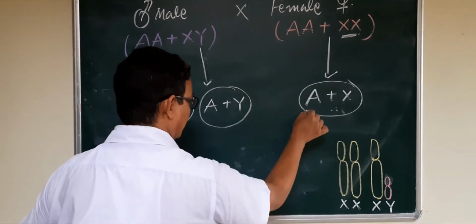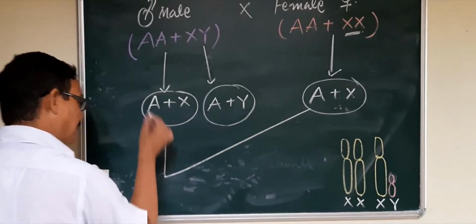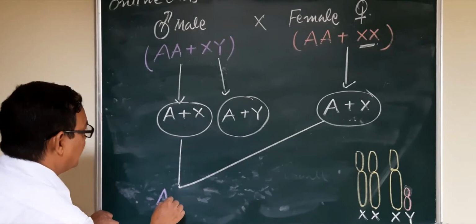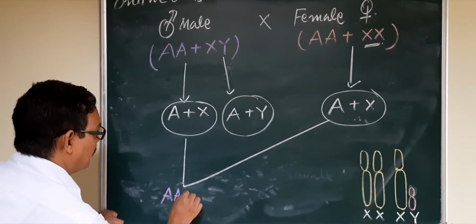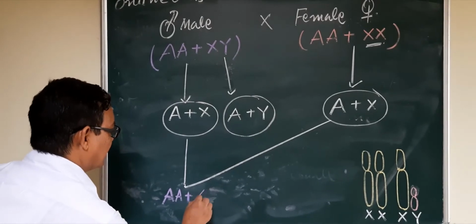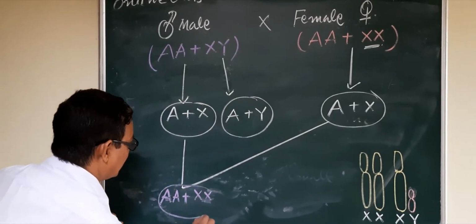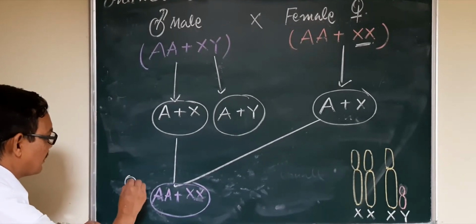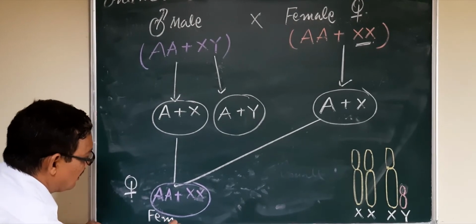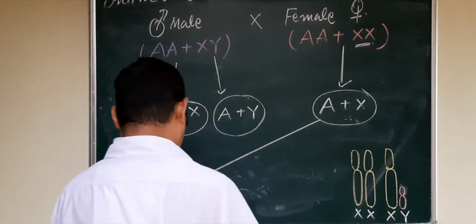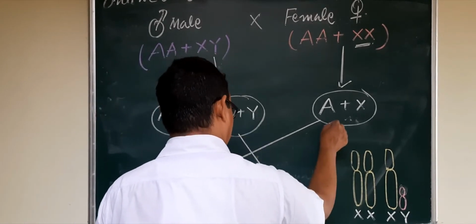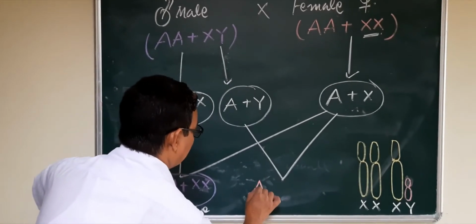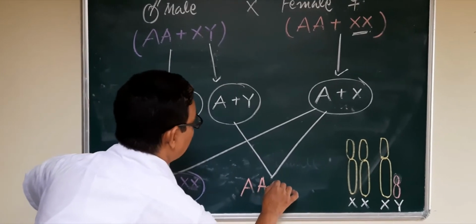If this combines with that, then A plus XX, that means male, sorry, female. And if in this way, then male.